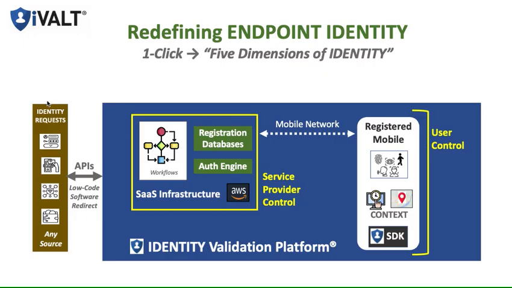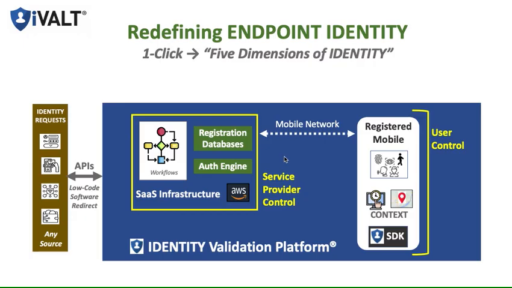These can come from a variety of sources, including logins, physical access, IoT, and wallets. We use our own secure APIs, and a low-code redirect, which makes integration with any application very easy. This is connected to our identity validation platform, which really consists of 2 pieces.